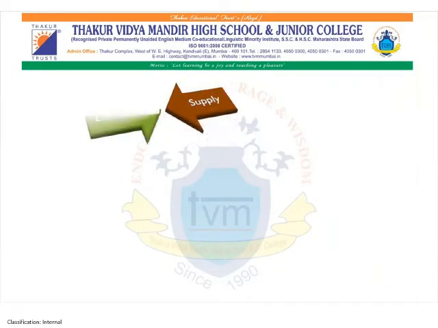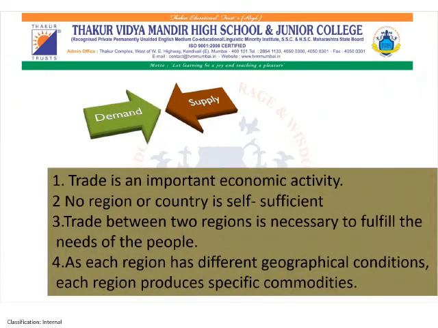Trade is an important economic activity. The economic life of people is interdependent. That is, we human beings depend on one another to satisfy our requirements. In the same way, no region or country is self-sufficient. Trade between two regions is necessary to fulfill the needs of the people.